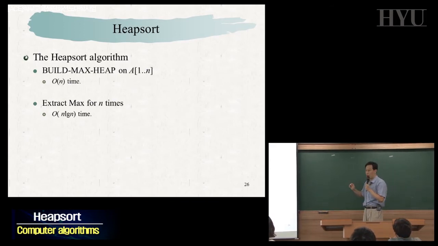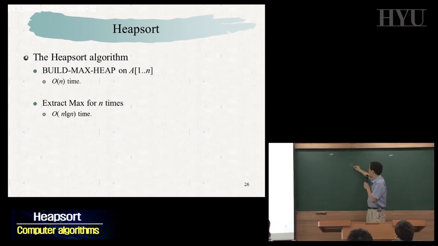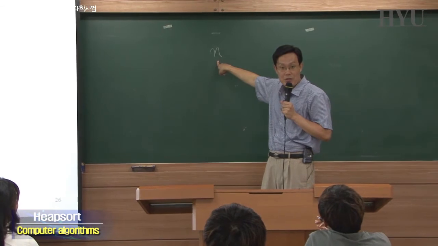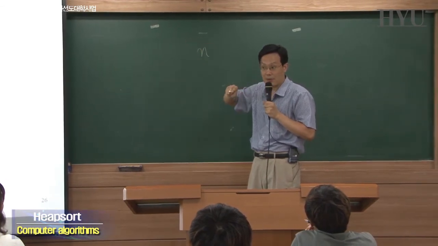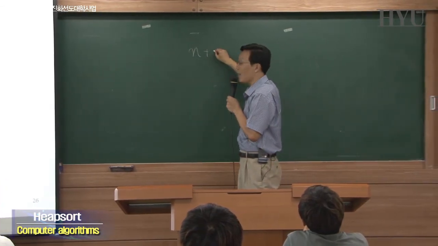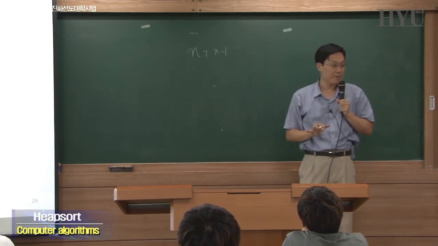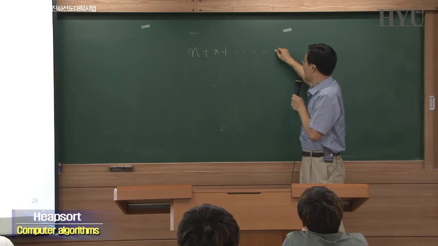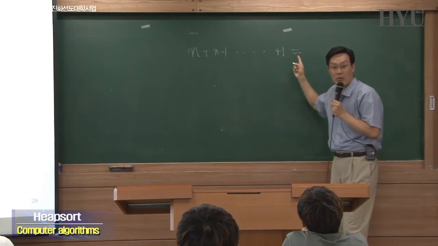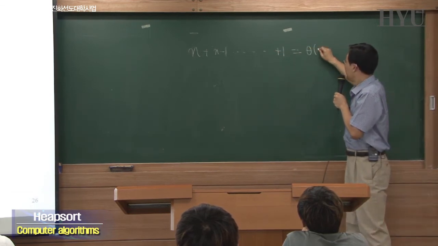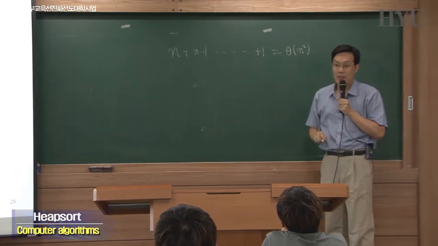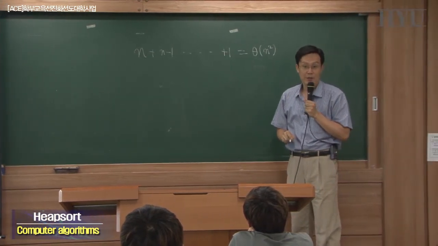In selection sort, we first need n operations to find the maximum element, and then n minus 1 operations to get the second maximum. So the summation is theta of n squared.